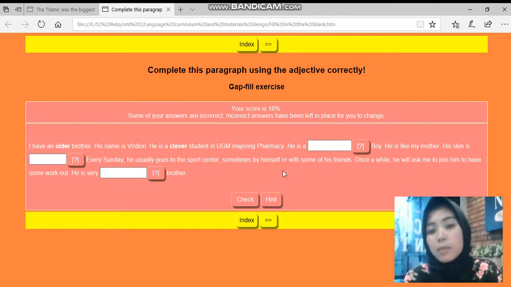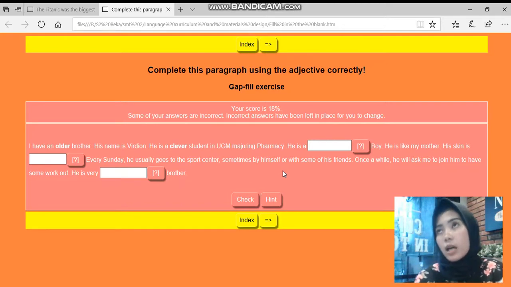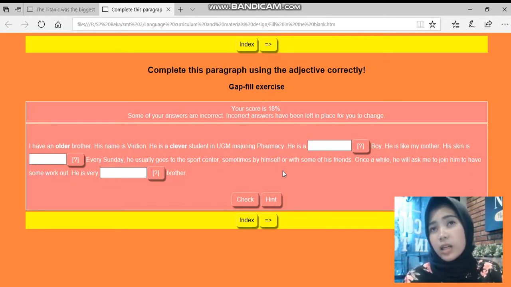So this application is easy to use by the teacher and the students. But in rural areas, if there are no facilities to support this application, the teacher can't use it, but can just use writing on paper.